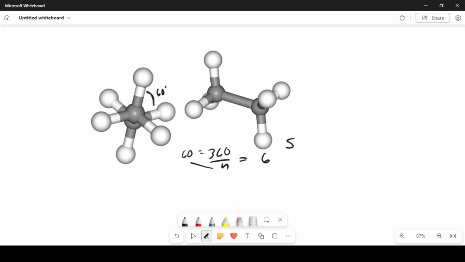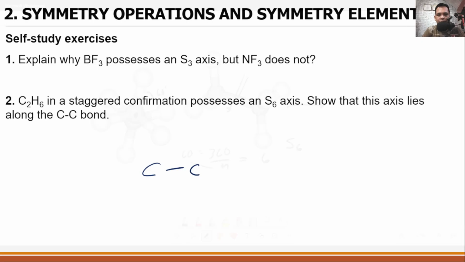That's why it's called S6. Kasi ito, for example, in this principal axis, pagka nagkaroon na rotation tayo dito, followed by reflection, it will yield the same molecule. For example, ito, na-rotate natin. I'm just gonna show you on PowerPoint presentation. Ayan. So, where am I?